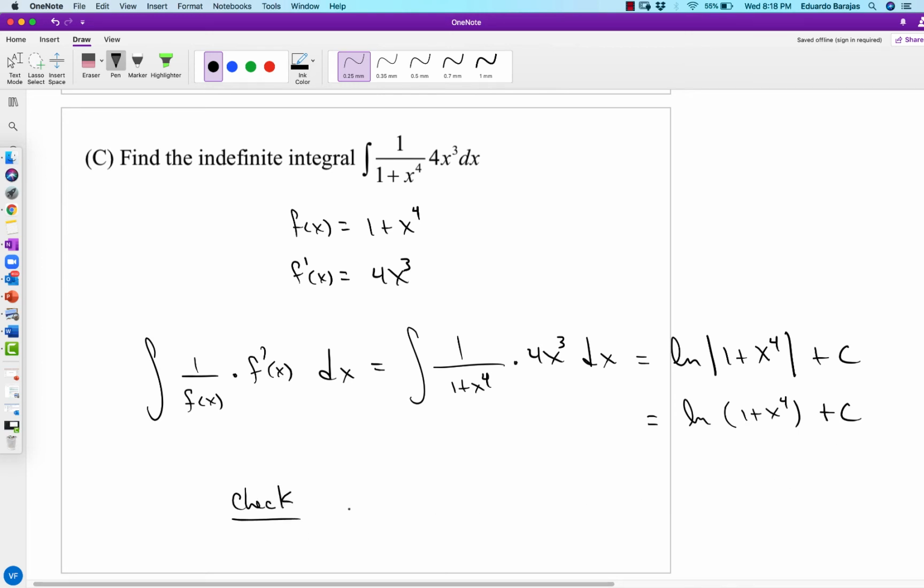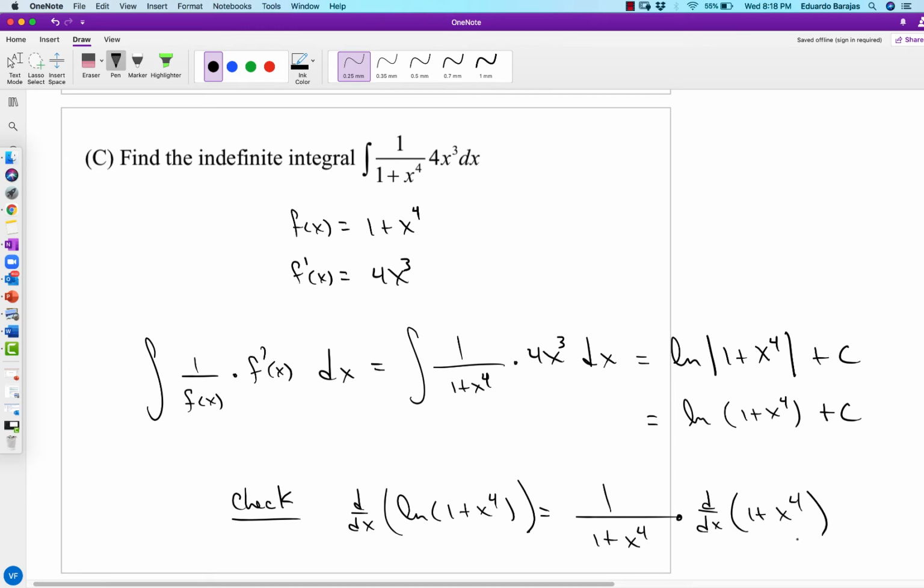Check. The derivative with respect to x of ln(1 plus x to the fourth) is equal to 1 over (1 plus x to the fourth) times the derivative of the inside function, which is the derivative with respect to x of 1 plus x to the fourth. And that gives you exactly what we expected.